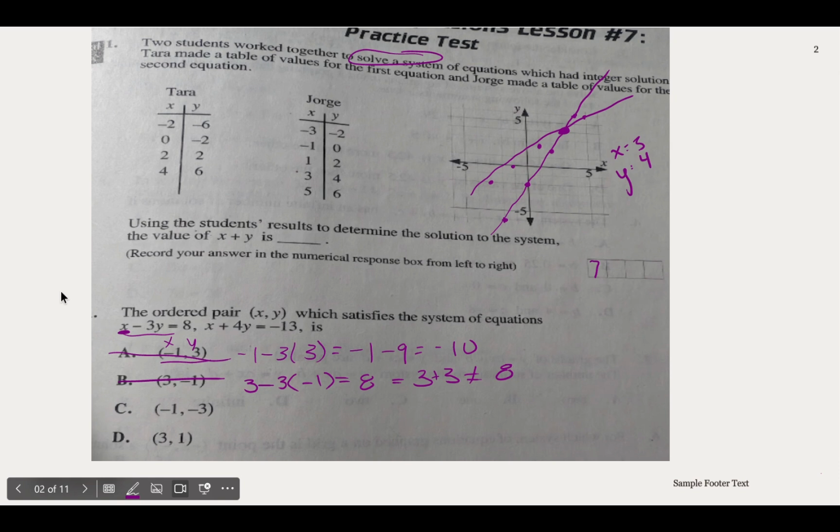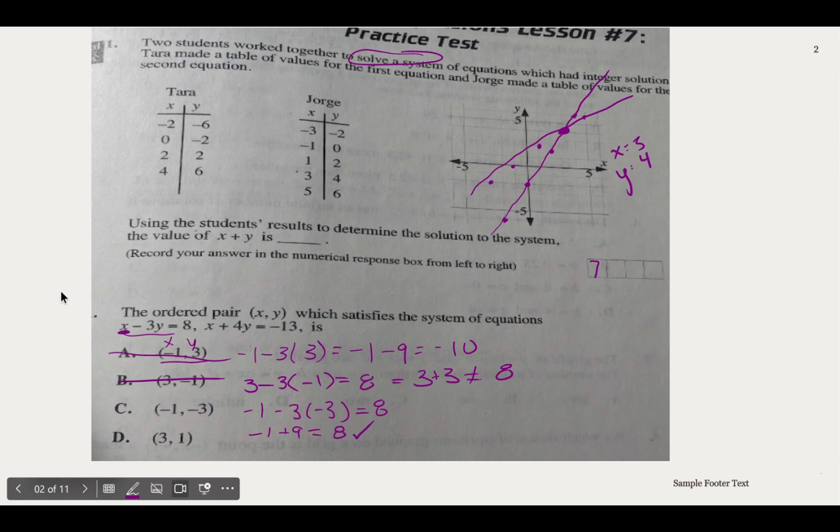So let's move on to the third one. X is -1, so plug that in, minus 3 times -3, and let's see if that equals 8. So -1 minus 3 times -3 is -1 plus 9, and that does equal 8.